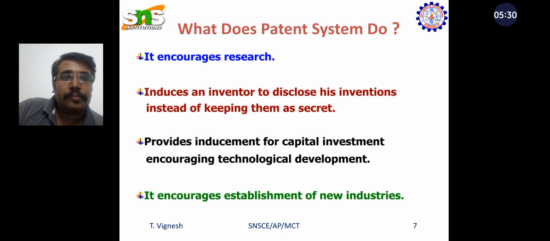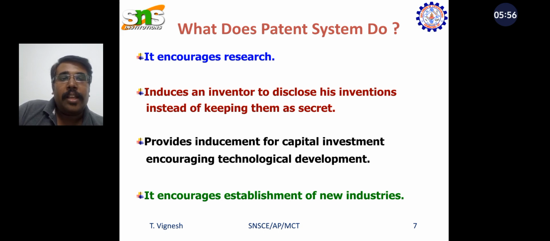Generally, the patent system encourages research. More research is nowadays happening in India. It induces an inventor to disclose his inventions instead of keeping them secret. The purpose of research is to benefit the common man.